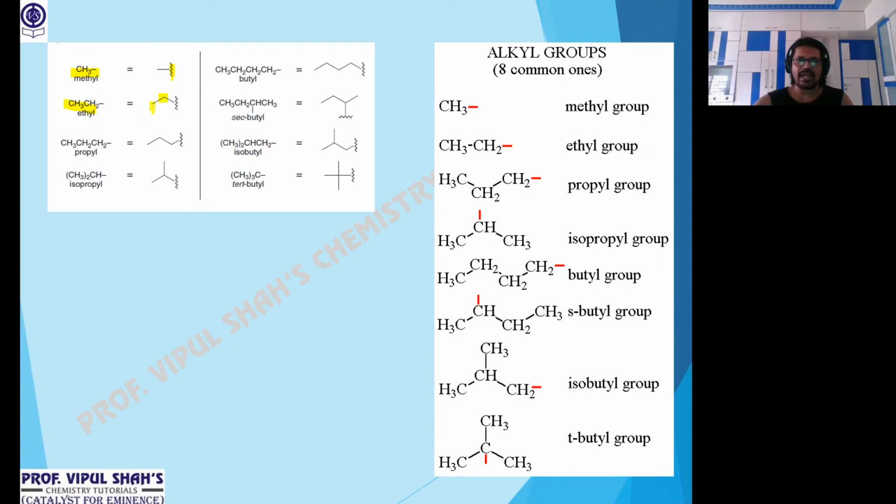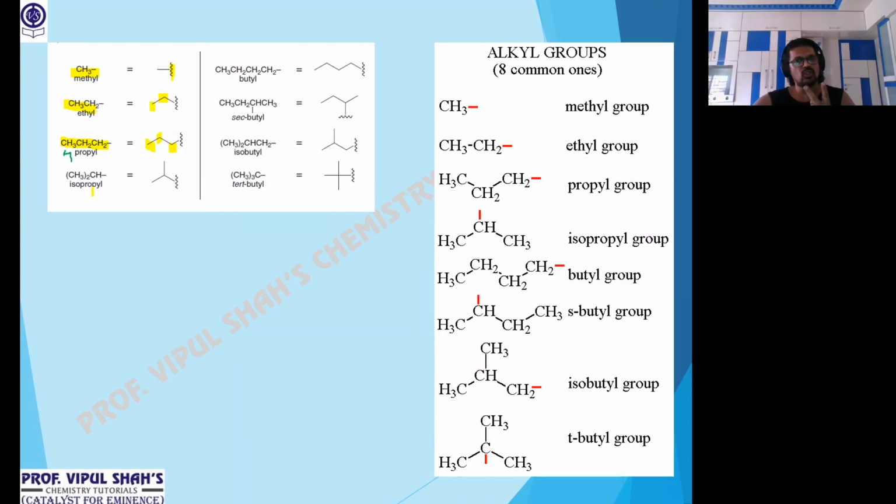So one end is CH3, CH2 with 1 valency short. Then is N propyl. Not only propyl, it should be N propyl. Here, one CH3, CH2, again a CH2. So 3 carbon atoms, that's N propyl.